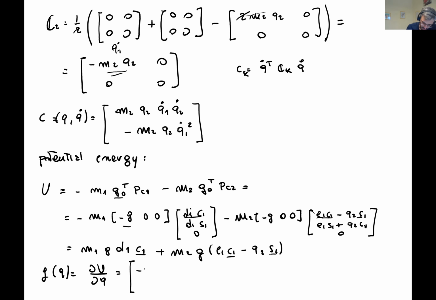So we have M1, the cosine becomes a minus sine, so we have a minus sign here at the beginning, and D1 sine of Q1, minus M2 G, again the same thing, minus M2 G, Q2, this is a plus C1, no, minus.